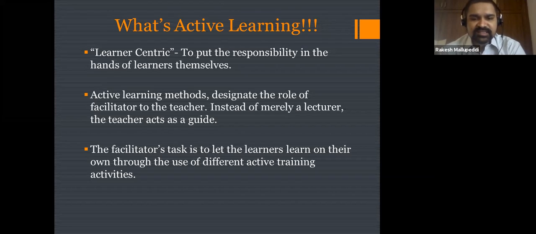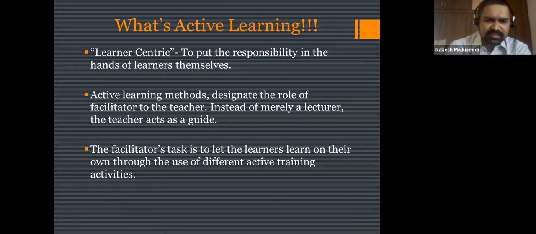The facilitator's task is to let the learners learn on their own through the use of different active training activities. Like I said, the techniques will come later. The main concept, as mentioned, is that the teacher is now the mentor or guide, and their chief way of teaching is making the learners learn on their own.